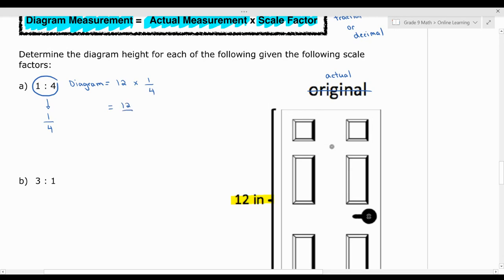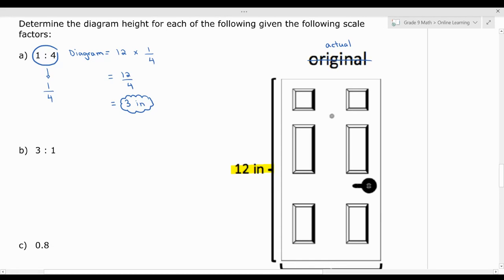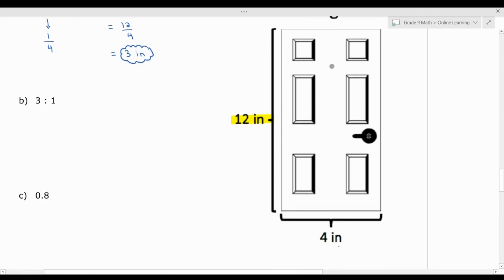Well, that's like 12 divided by 4. You would have the height of the drawing diagram, so it would be 3 inches. And just to save you a bit of time, I'll just do the calculation for the height. If you wanted, you could go back and calculate what the width would be.